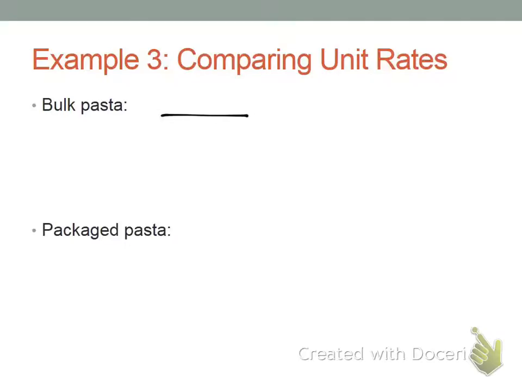Does the pounds go in the denominator or the dollars go in the denominator? Which one are you finding the unit rate for? Well, which one is it? You're finding how much money per pound. Per pound. How much money per pound?